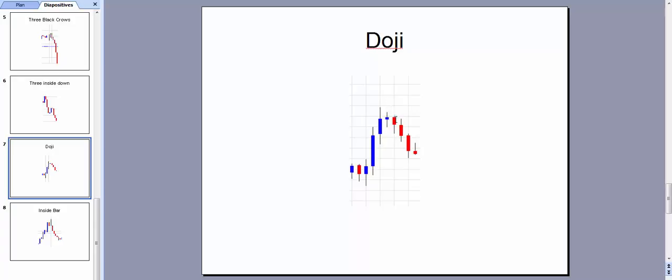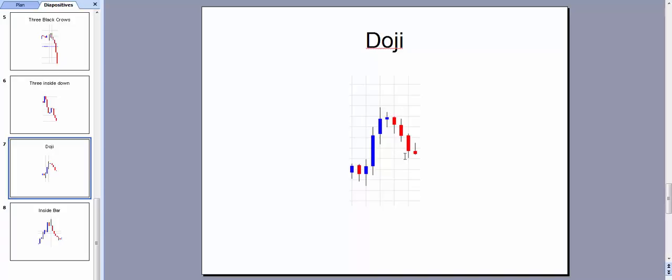Those shadows must be close to each other, meaning the upper shadow must be equal to the lower shadow in length. But if there is a small difference between them, it doesn't matter.